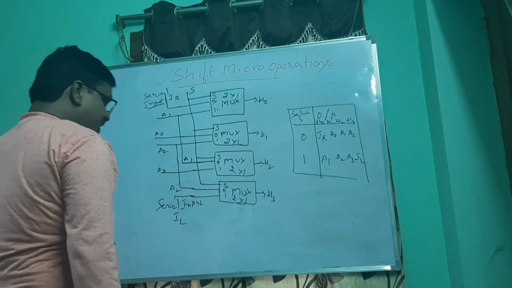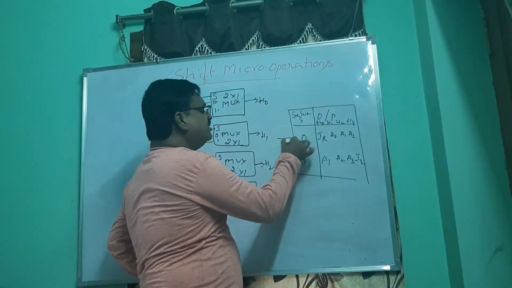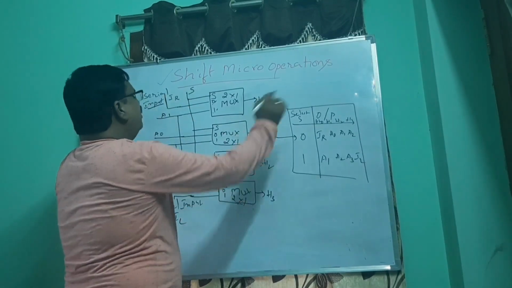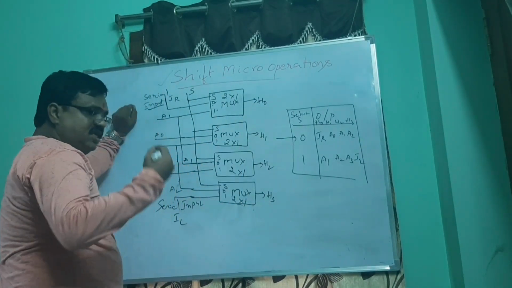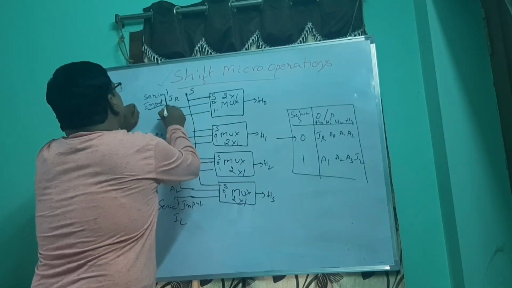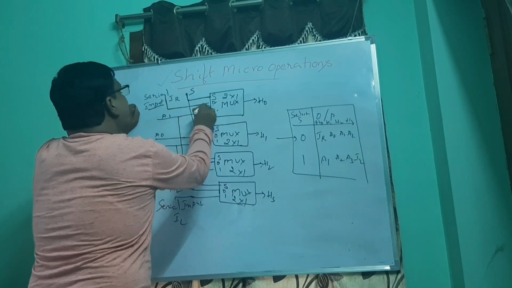So just see, if the select value S is 0, for all the multiplexers, the 0th line will be selected. So if it is 0, then here what is the 0 input we have given?